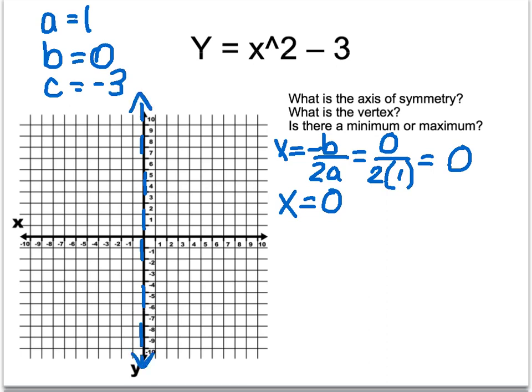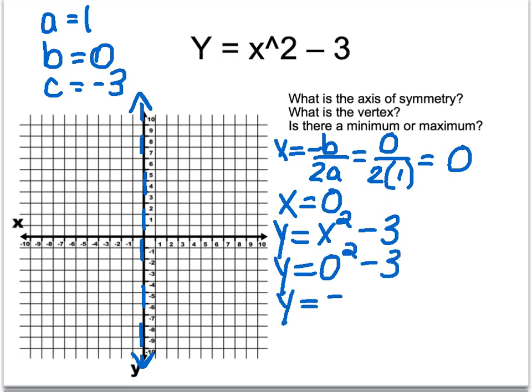Looks just like that. And now I'm going to substitute 0 into my equation. So I have y equals 0 squared minus 3, which is y equals negative 3. And so the vertex is the x-coordinate 0, the y-coordinate negative 3; 0, negative 3 is right here.